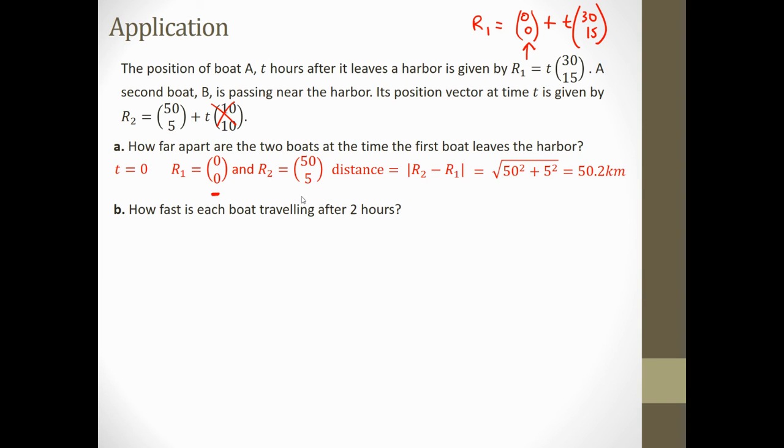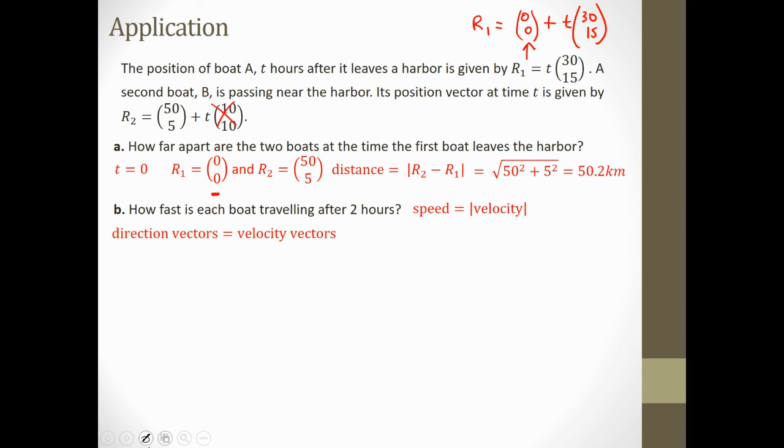How fast is each boat traveling after 2 hours? So speed equals the absolute value of velocity, something that you should memorize. And the direction vectors represent the velocity vectors.